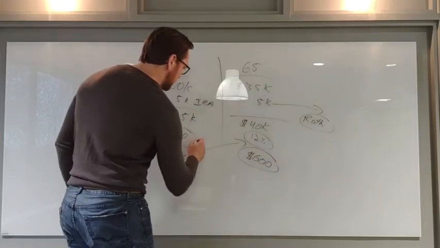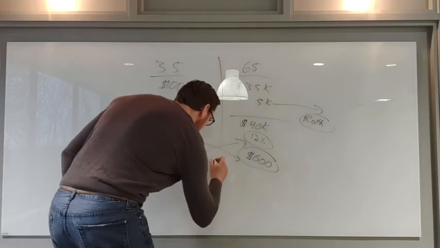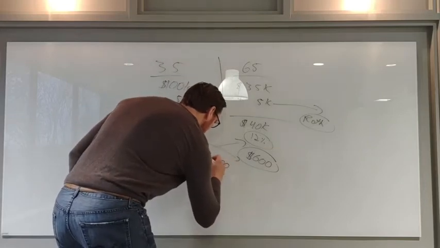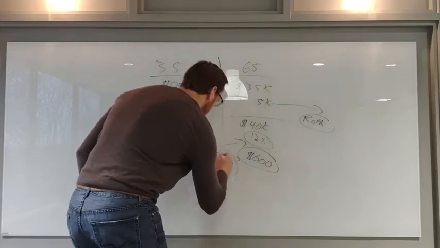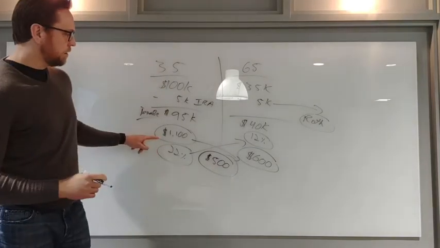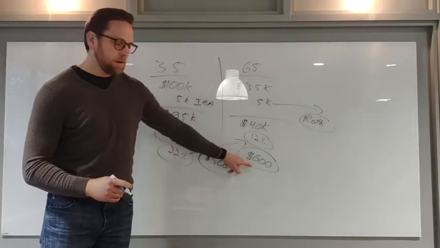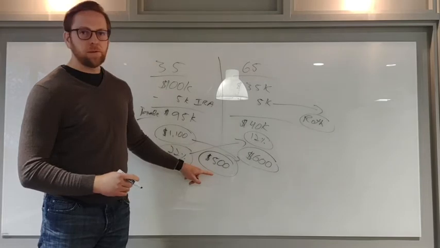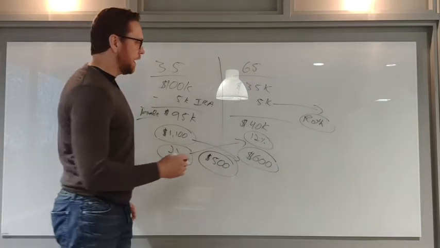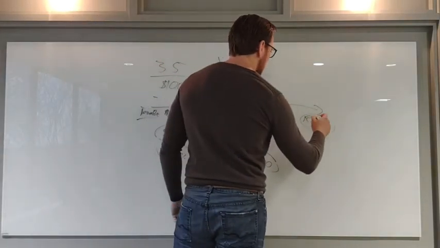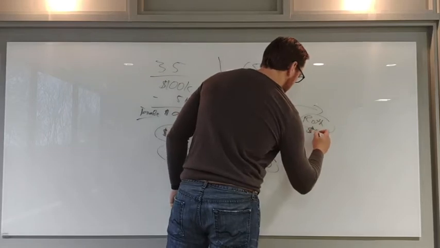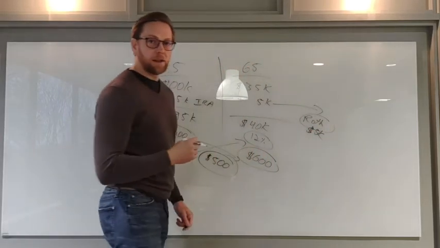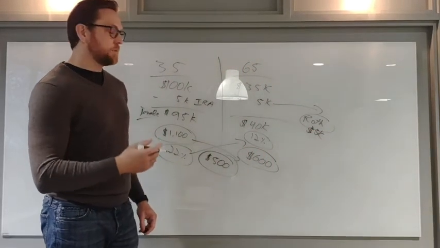So essentially, you benefit from the difference here, which is $500. You saved $1,100, you paid $600, you benefit from a $500 difference, and this $5,000 that goes into this Roth will never be taxed again. It won't be taxed when you take it out.